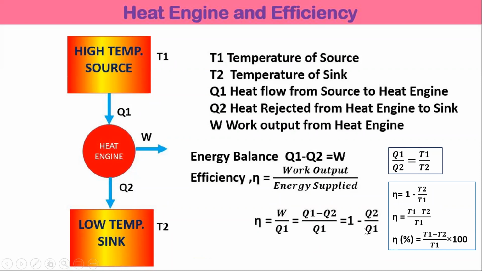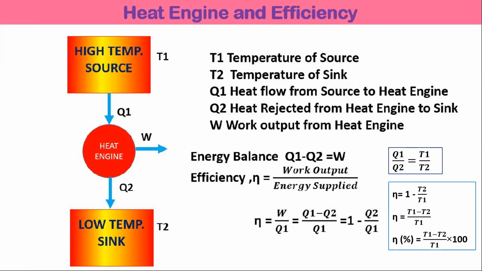So substituting T2 by T1 instead of Q2 by Q1, we will get the efficiency as equal to (T1 minus T2) by T1. And remember here, if the temperature is given in degrees Celsius, you have to convert it to Kelvin. How can you convert temperature given in degrees Celsius to Kelvin?